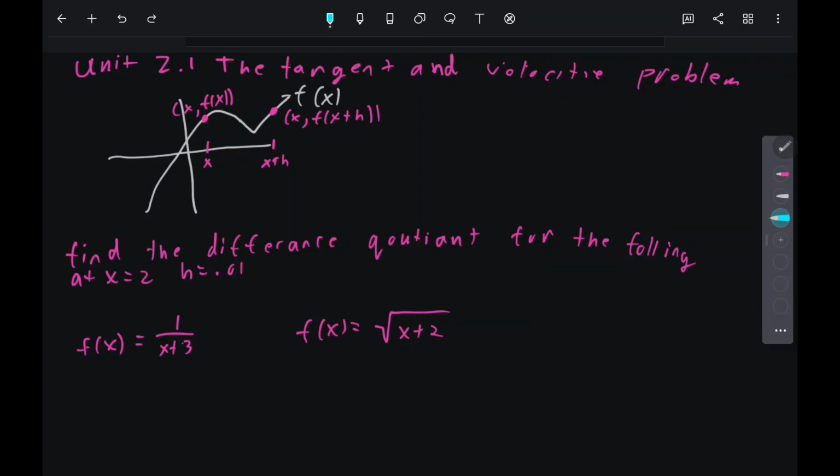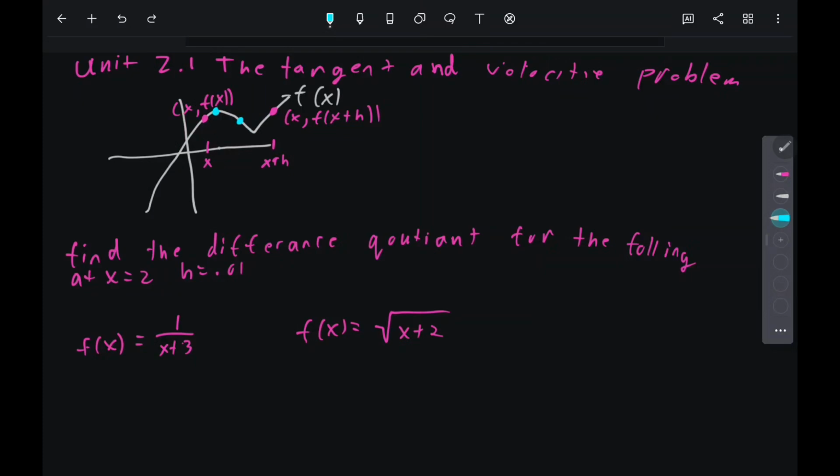Let's suppose that we are now bringing the secant line closer to x. Well, our new slope is now negative, interestingly enough. But if we bring it even closer, it's now positive.